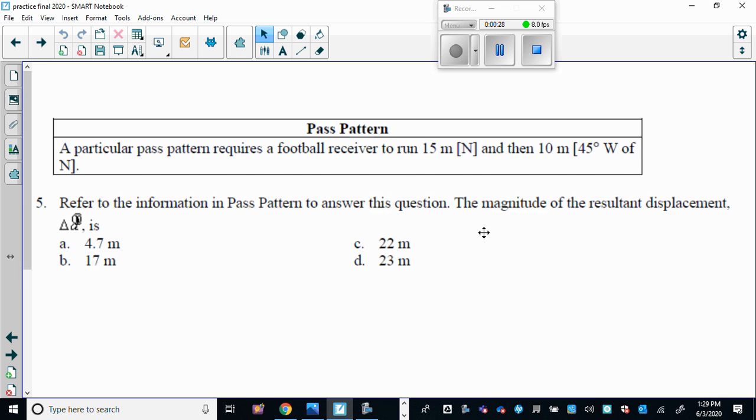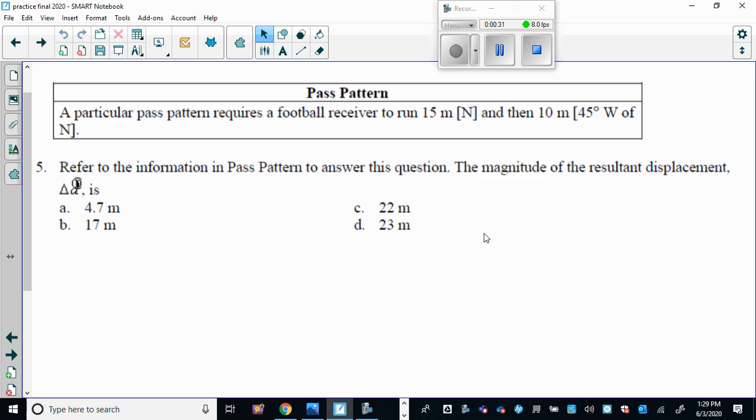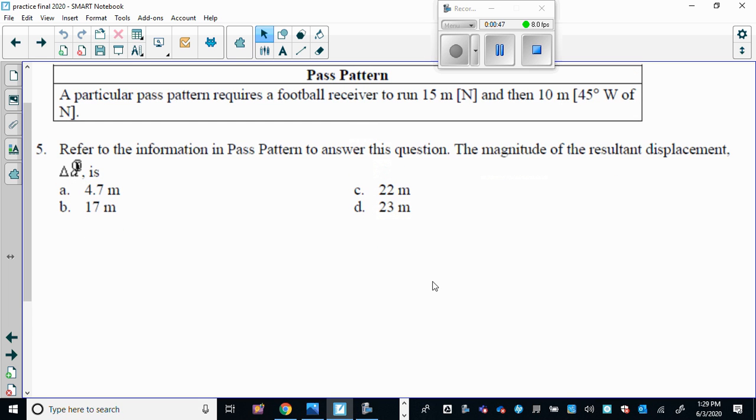A particular pass pattern requires a football receiver to run 15 meters north and then 10 meters 45 degrees west of north. Refer to the information in the pass pattern to answer this question. The magnitude of the resultant displacement is... all right, so let's do a little sketch first.